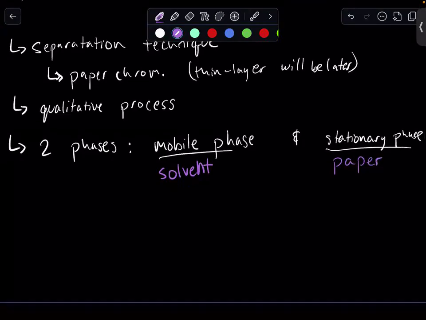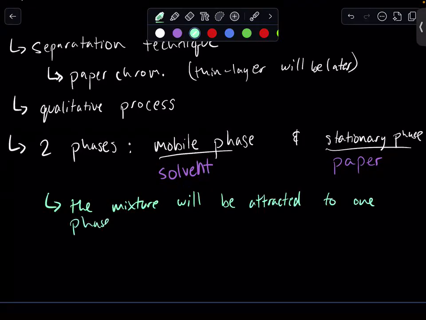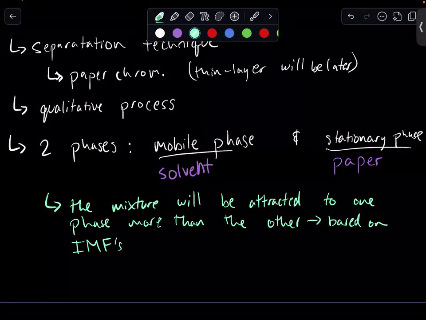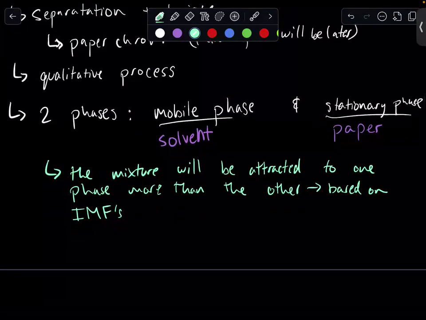And within this, the mixture will be attracted to one phase more than the other. And this is how it separates out. So this is going to be based on IMFs. And usually our phases are opposite polarity. So mobile phase is usually polar, while stationary phase is usually non-polar, but we can switch it.